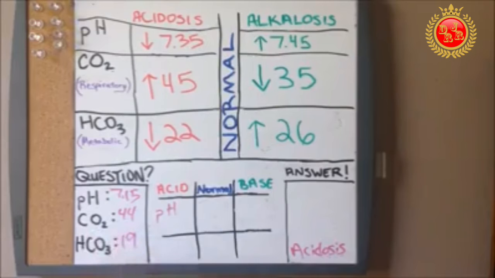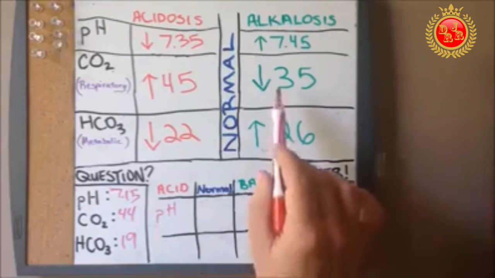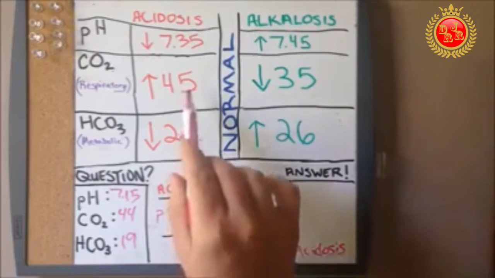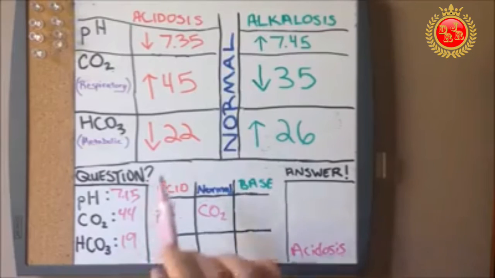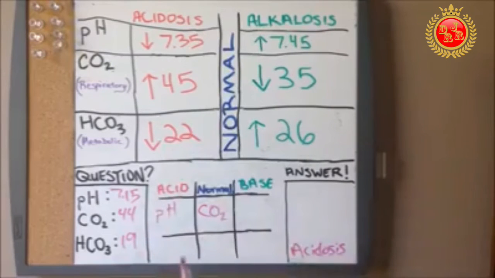Next, our CO2 of 44 is not greater than 45, and it is not less than 35. It's in between, therefore we know it's normal, so we're going to write it in the normal column. Finally, our bicarbonate of 19 is less than 22.